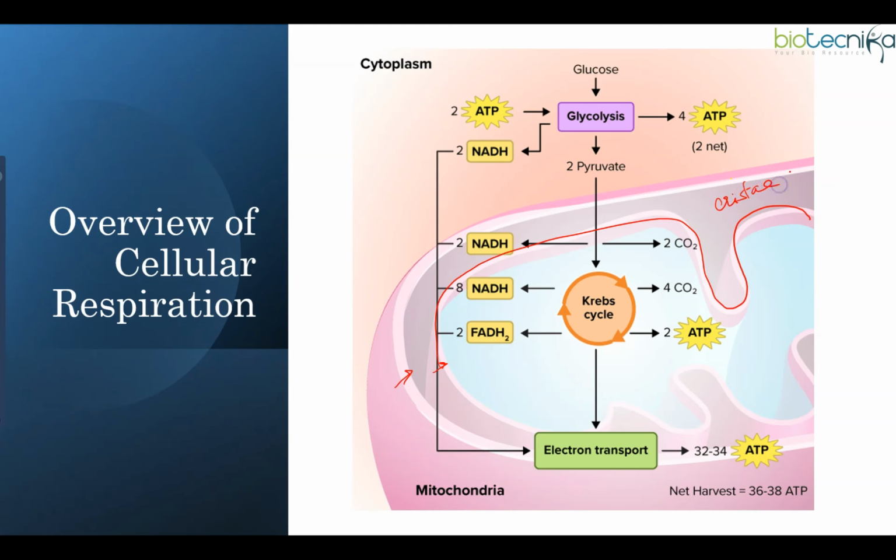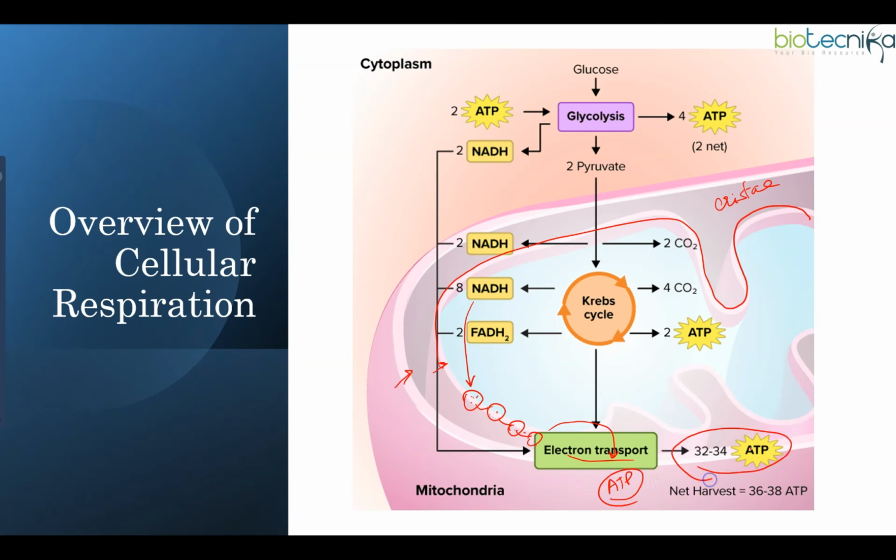The reason is that the electron transport chain is facilitated by protein complexes which have carriers of electrons. So this NADH and FADH2 will pass on the electrons from carrier to carrier in this electron transport chain, and ultimately they will generate ATP through the ATP synthase. I will tell you how.